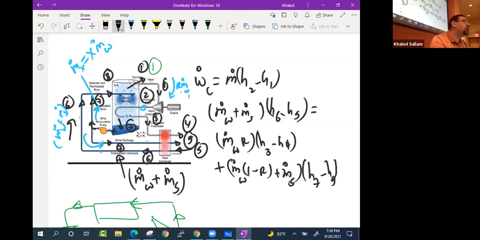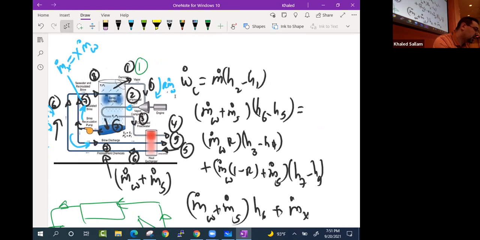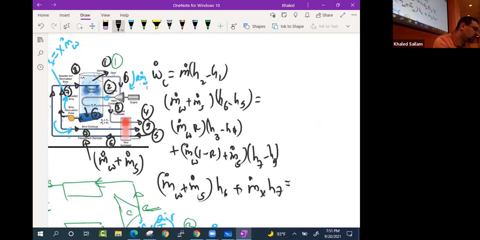An open feed water heater equation. 2 guys coming in: M dot 6, not M dot 6, let's write M dot water plus M dot salt, multiplied by H6, plus M dot X multiplied by H7, equals what?